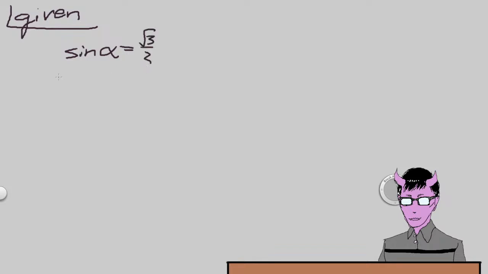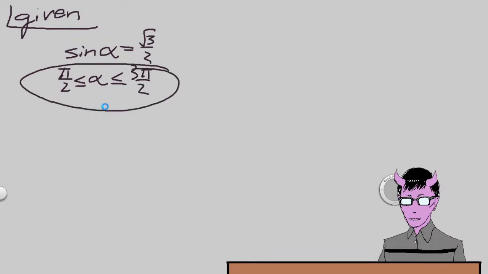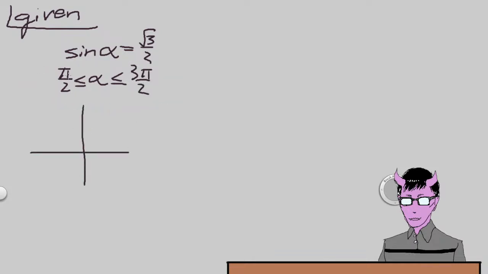And we have a domain restriction, here to there. So, domain restrictions first. It's from interquadrant angle here to interquadrant angle there. We need a positive opposite, so it's in quadrant 2.